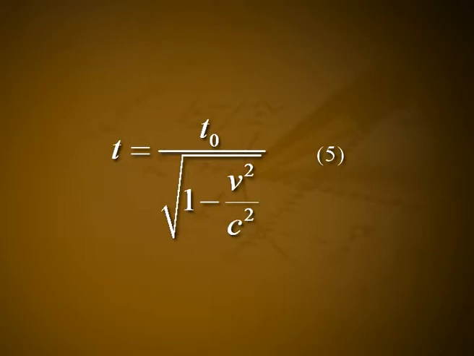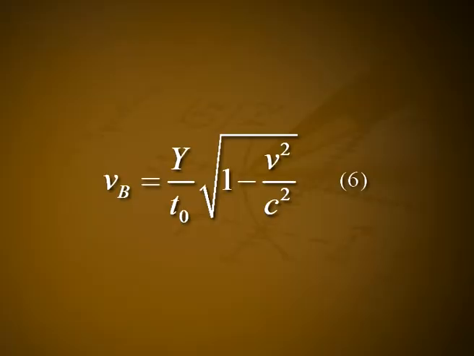In the s frame, we can find the speed of b, vb, using the equation vb is equal to y divided by t, let it be equation number 4, where t is the time needed for b to make its round trip as measured by the observer in s. But the time taken for the round trip is t is equal to t naught divided by square root of 1 minus v square by c square, let it be equation number 5.